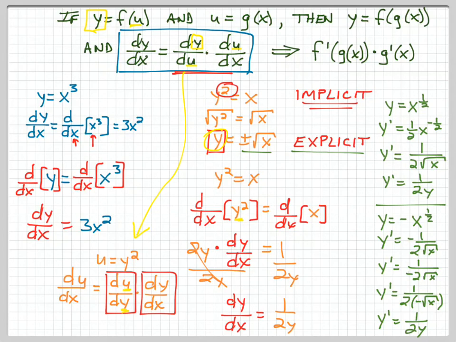We're going to start thinking of derivatives as an operator, which means kind of like if you square both sides of an equation, or if you add something to both sides of the equation, we're going to take the derivative of both sides of the equation, and we're going to be able to find the derivative of equations where y is not by itself. And this will really expand on a lot of the different types of equations that we can look at.